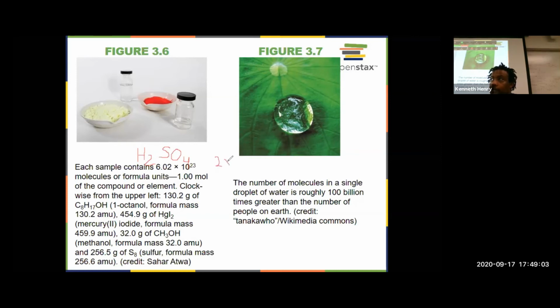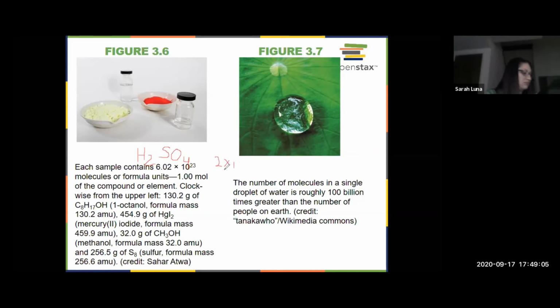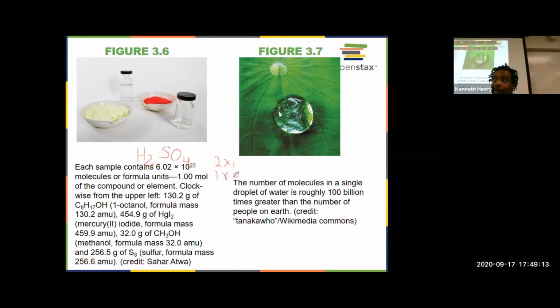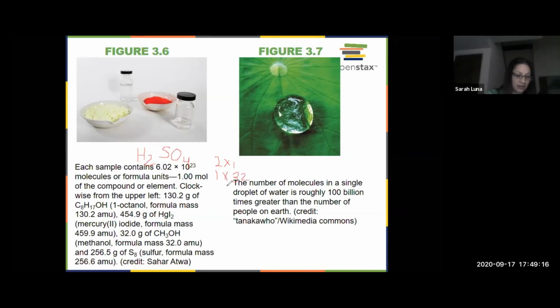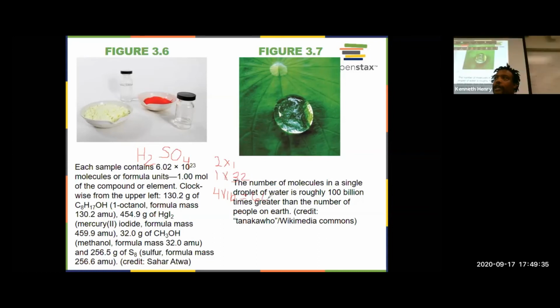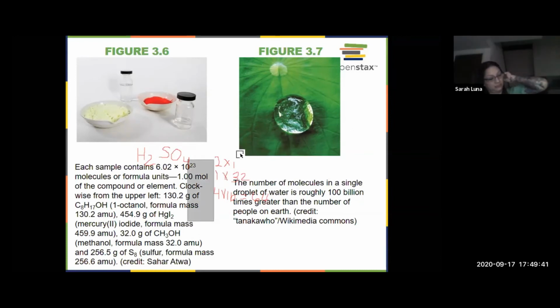And is that sulfur? Sulfur is 32, times 1, which is 32. And then 4 times 16, which is 64. So let's add that all together. You got 98.